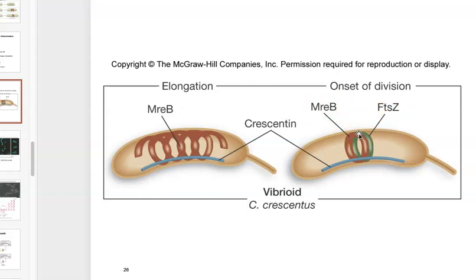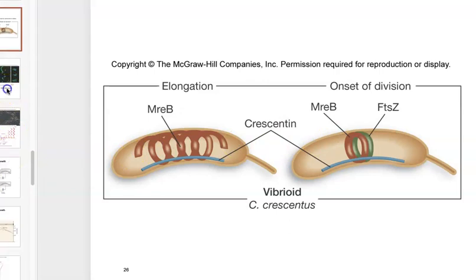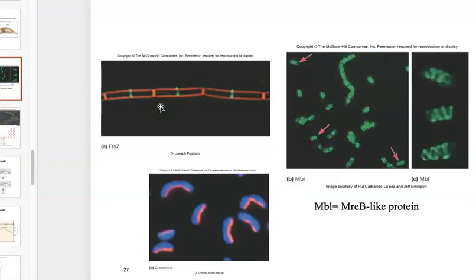But anyway, you see the juxtaposition of MreB and FtsZ facilitating the way in which the bacteria would divide. And this shows you localization. Here, I think these are Streptomyces, an organism like that has MBL, which is an MreB-like protein, and you can see it coiled inside the cell, giving this guy the shape, but it also illustrates how this coiled protein can dictate how chromosomes segregate and where FtsZ aligns.